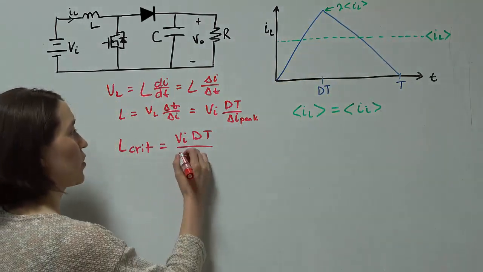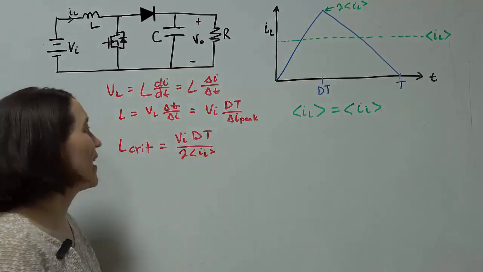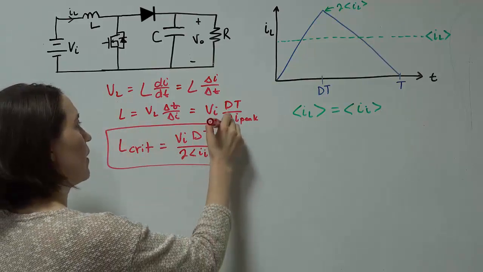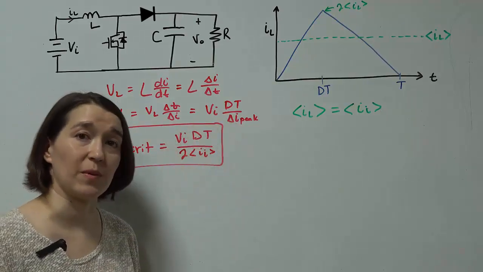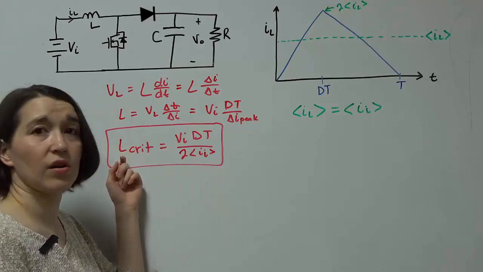So we can put twice the average input current here. If you know your input current based on your specification, you can use this equation to determine the critical inductance.